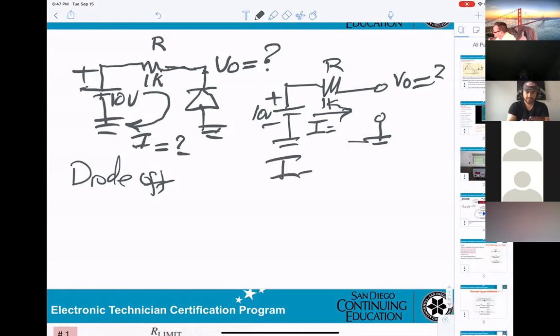Oh. 0. Open. How can current flow? So we said 0 initially. Yeah, I said no current flow. You get that? Yes. Okay, now. Open means no current flow, means 0 current.